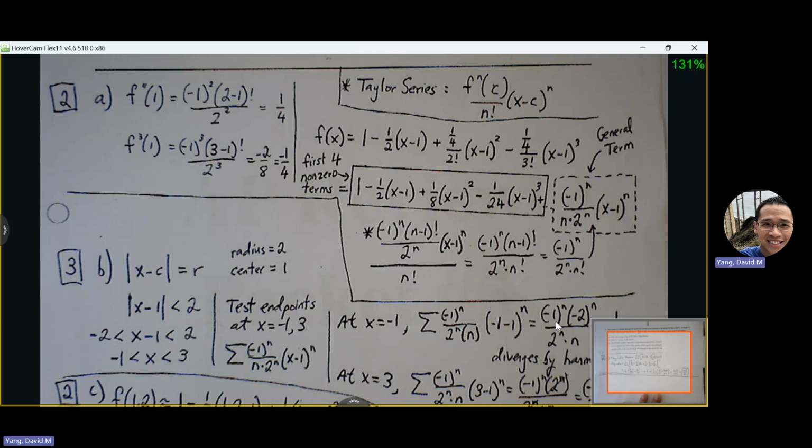Your general term is basically the formula they give you divided by n factorial times (x minus 1) to the n. You're just replacing the numerator portion with the formula they give you, and that will be your general term.